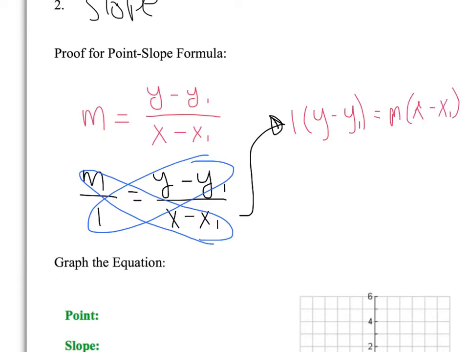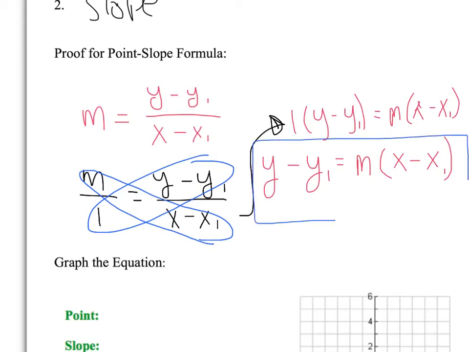Now you're going to have just y minus y1 on the left side, because when you distribute the 1, you just have the same thing. Equals, and I'm not going to distribute the right side, I'm just going to leave it as m times x minus x1. And this is my formula that we call point slope.